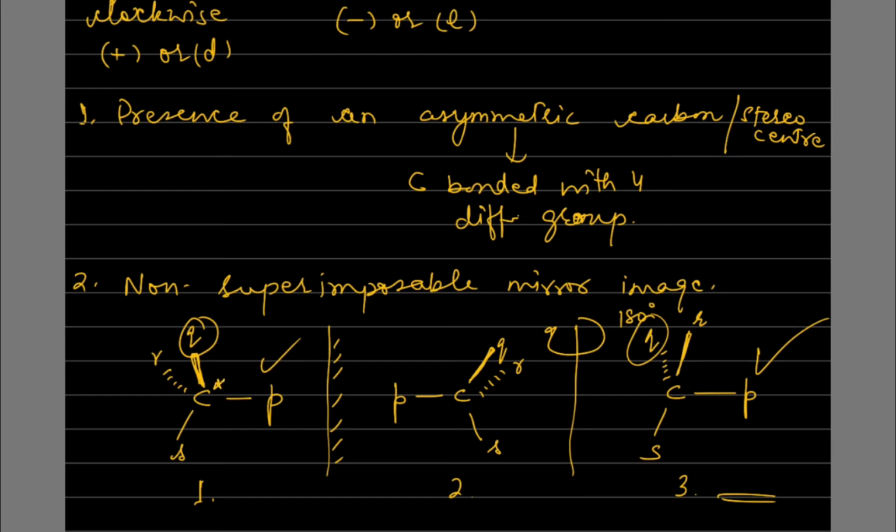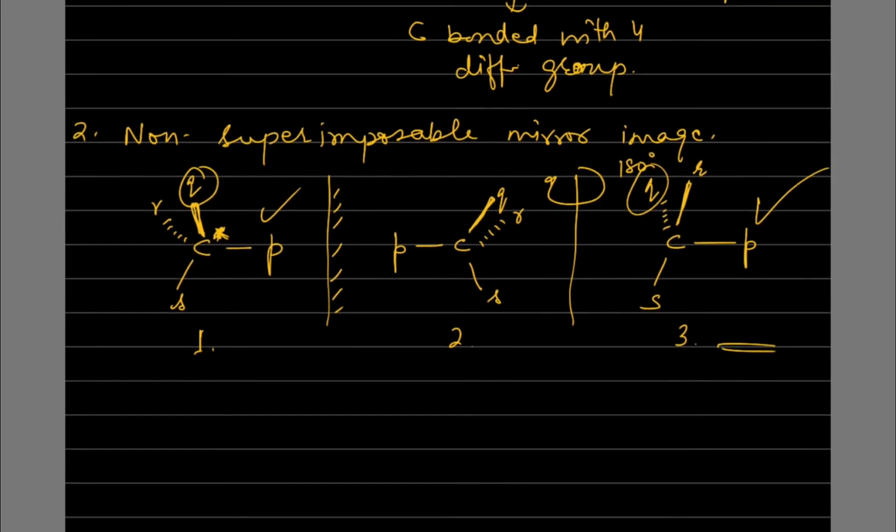The carbon present here is called an asymmetric carbon. We represent it by putting an asterisk mark on it. This is the stereo center. And compounds possessing a non-superimposable mirror image are called chiral compounds.